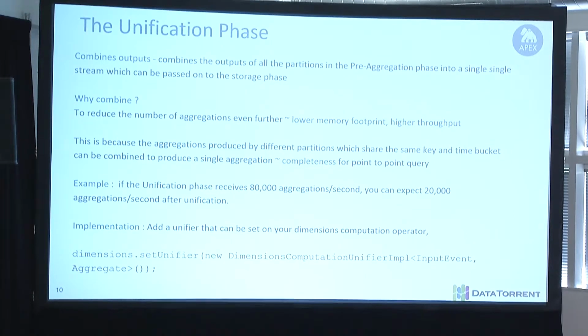For example, if I send a query saying, what's the number of impressions in the last hour, I don't want a result that says 500,000 at one point because it goes to partition A, and 350 because it goes to partition B. I'd rather want to see all that output combined into one, which is 850K. The implementation is pretty straightforward. We have a unifier for that, the dimensions computation unifier, and you just need to pass it an input event and the aggregate event. And it does the rollup for you automatically.